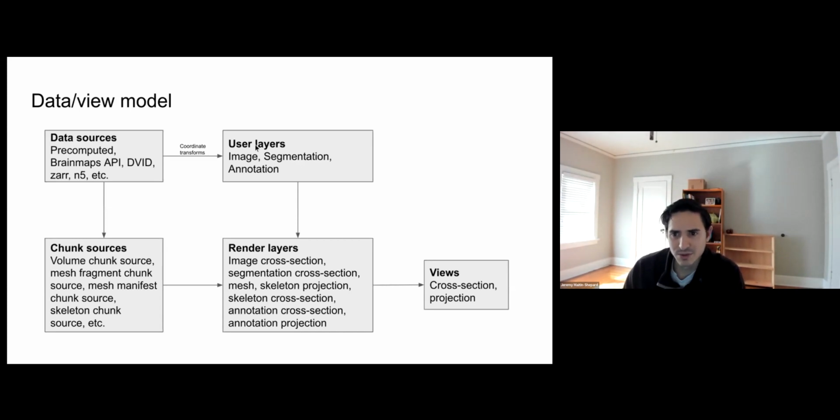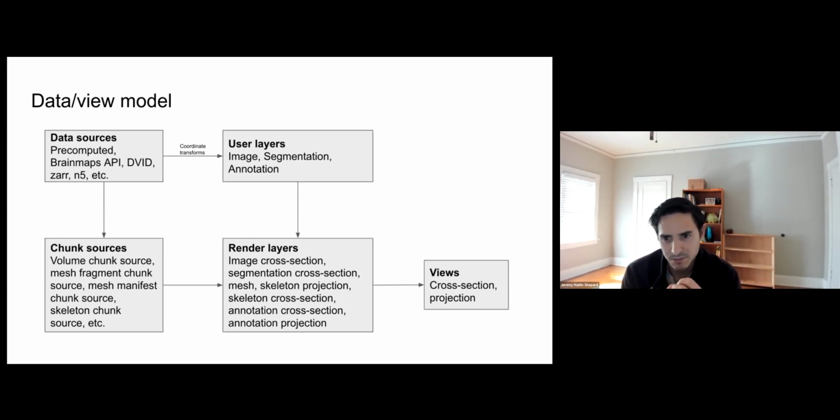These logical user layers, based on the data sources that are added to them, then correspond to a larger number of render layers, as they're called in Neuroglancer, where these render layers correspond to a specific way of rendering a data source.